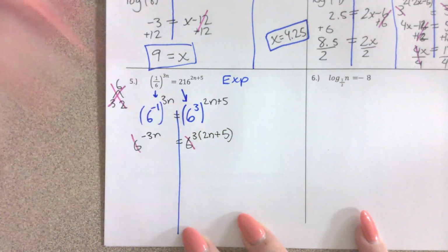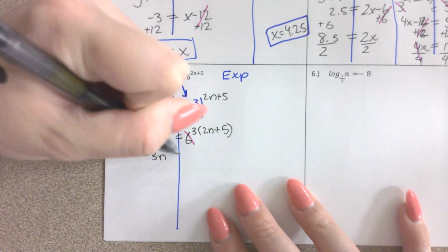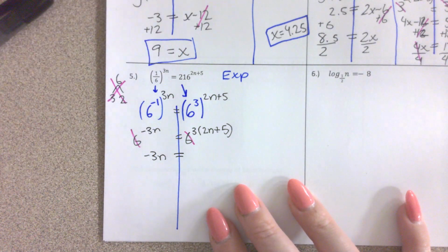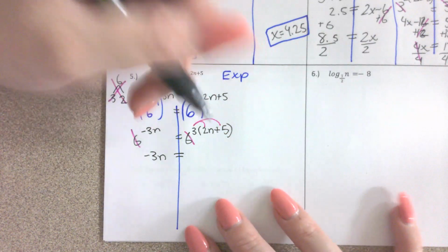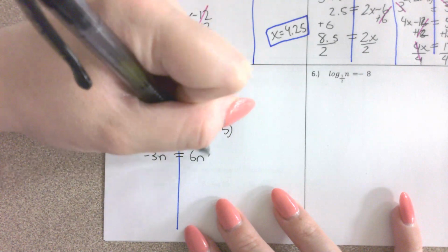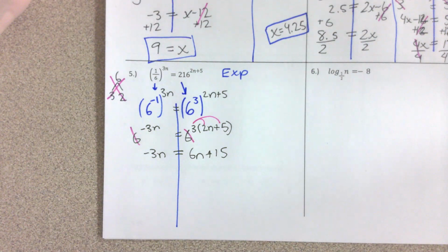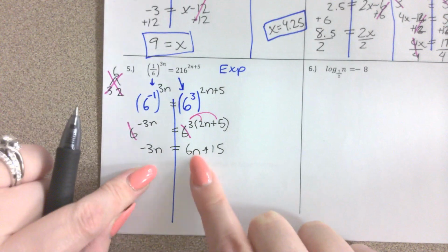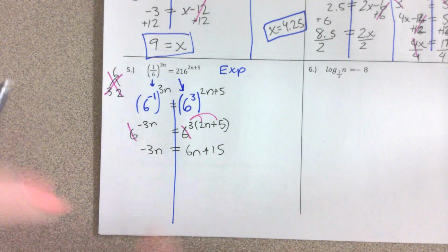Bases cancel. Negative 3n equals, distribute, and I'm going to do that a bit more carefully this time. 3 times 2n is 6n, 3 times 5 is 15. 2 steps to solve. First, I'll move the 6n over to the left because the negative 3n is all by itself, so I'm not going to touch it.